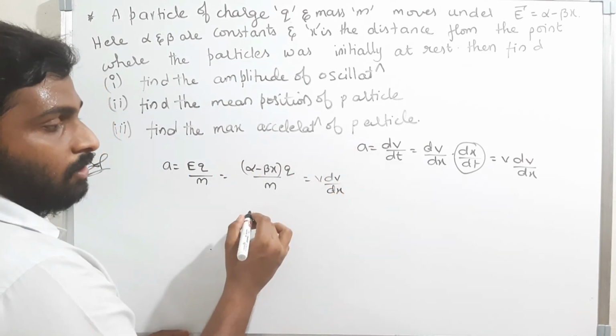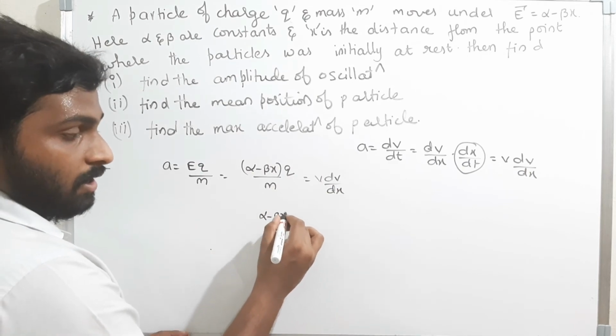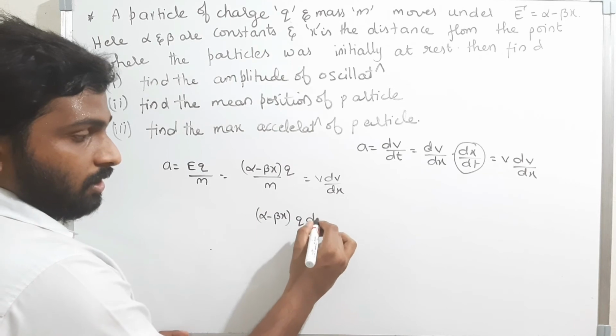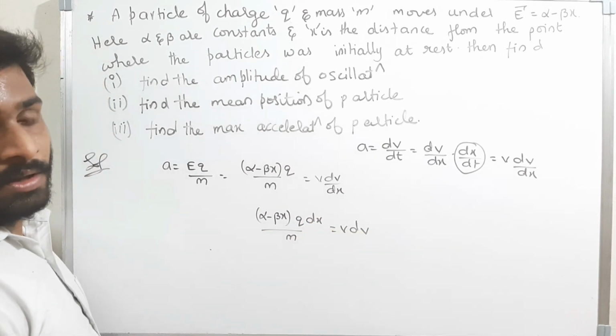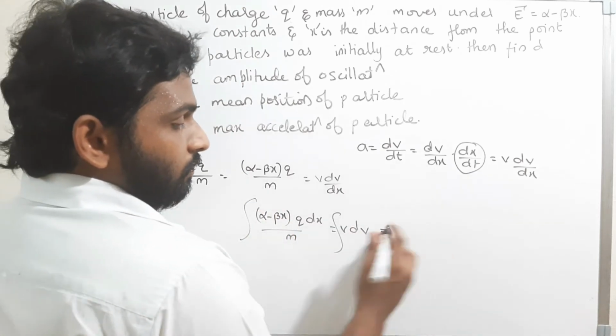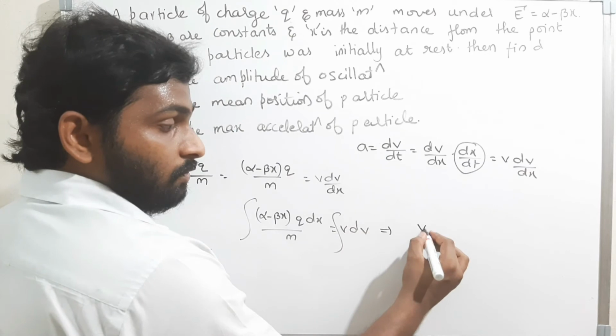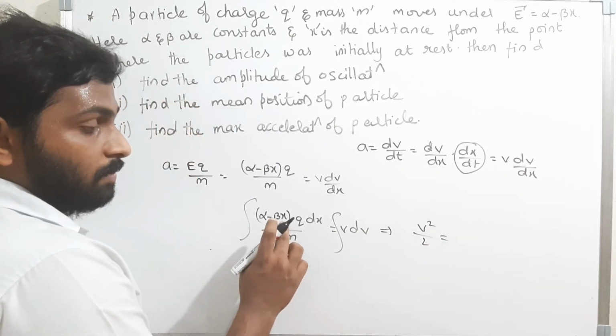Now cross multiply, what you will get? (Alpha minus beta x) q dx by m is equal to v dv. Now start doing integration. The integration of v is v square by 2, which must be equal to the integration of (alpha minus beta x) q by m.